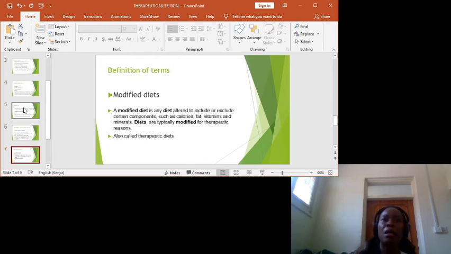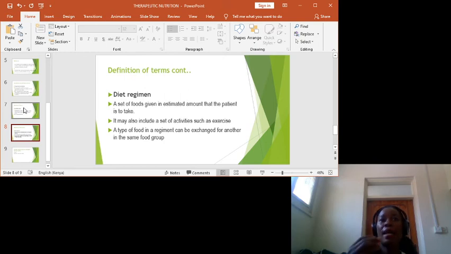Remember, in modified diets or therapeutic diets, we have to work with precision, because our aim is to use diet to treat different conditions. And so if we are going to treat different conditions, then we have to be precise in quantifying our diets. And that's why we talk about diet regimen.